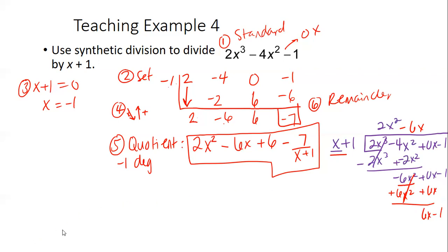And then I'm going to divide again. So I divide 6x by x. That's going to leave me with 6. Multiply, I get 6x plus 6. Subtract, and I'm left with negative 7. Is that what happened here? Yes. So my remainder is the negative 7. So that's the comparison between the synthetic and the long division with linears.